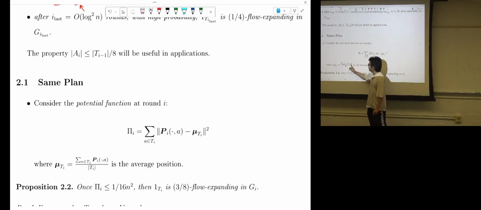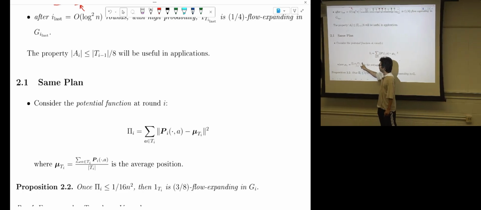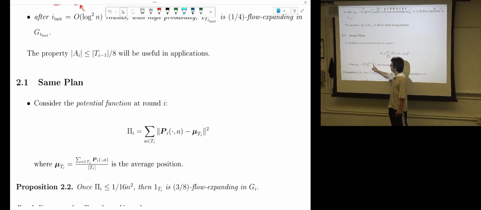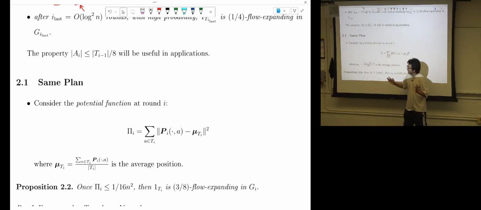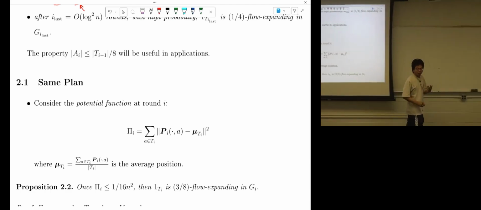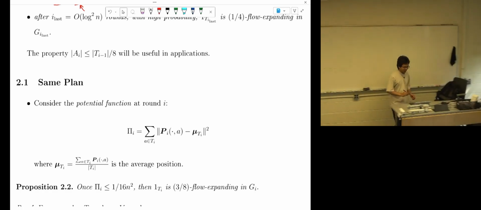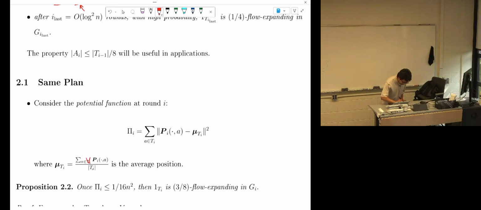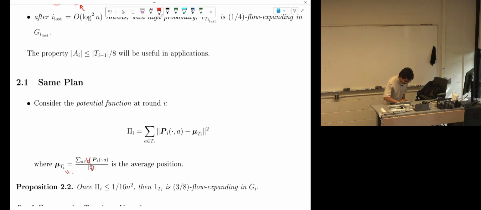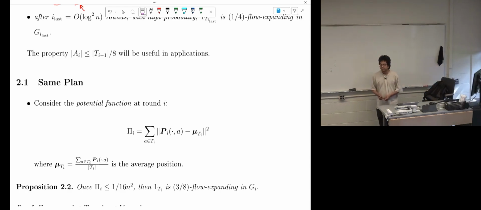This is the position of each node A, summing over all active nodes and averaging it. This average used to be the all-ones vector, 1 over n, but now it's just the average position of the active set.